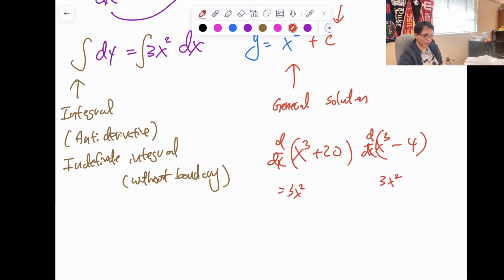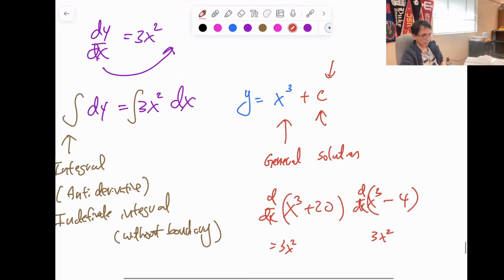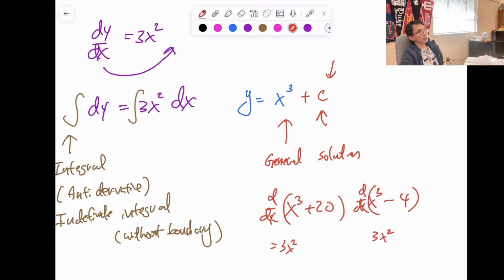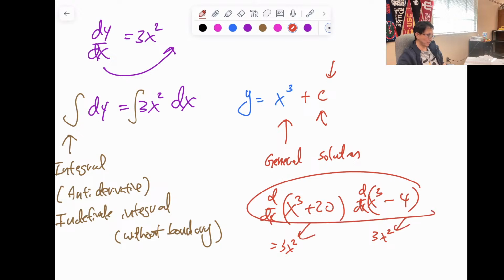So this is why c is important, because c could be any constant. When you take a derivative, any c completely goes away. This always equals 3x squared, so this is known as a general solution.